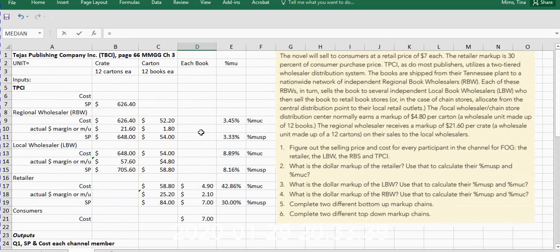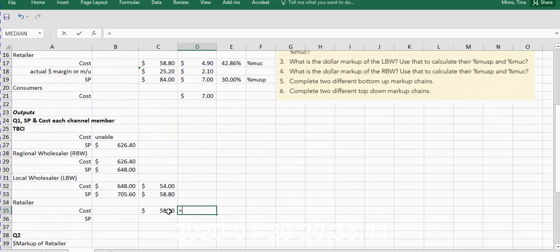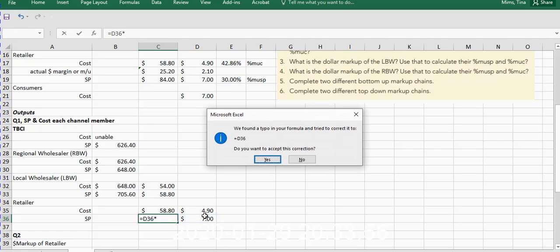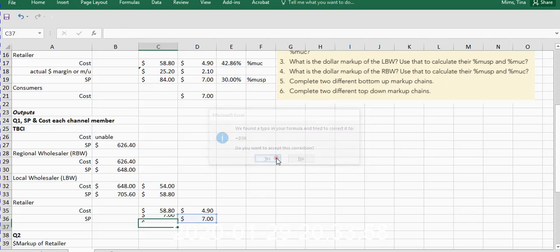Remember, this is the each column. And divide that by 12. And we started off with $7 to begin with, right? So we'll do this here just to show equal $7, which is D36 times 12.